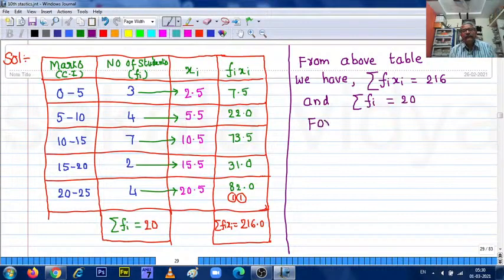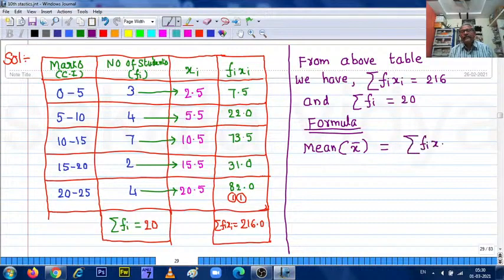Now the formula, compulsory we need to write. It's very important. Formula: the mean using the direct method, x bar is equal to the summation of fi xi, that is sigma fi xi, divided by the summation of fi, that is sigma fi. So let us substitute here: 216 divided by 20. 2 tens are 20, then 108 by 10.